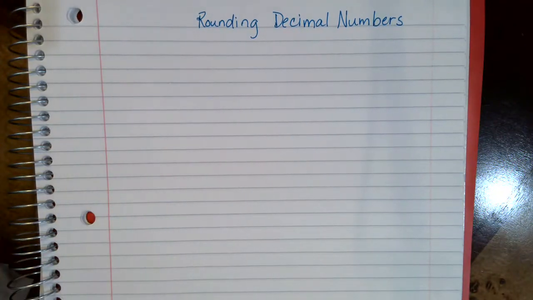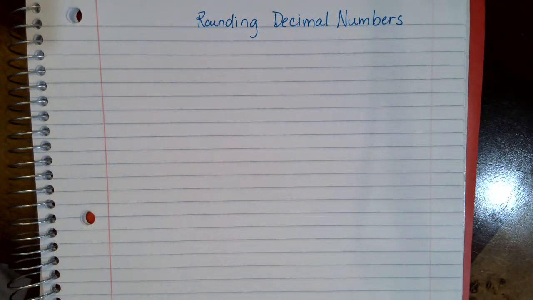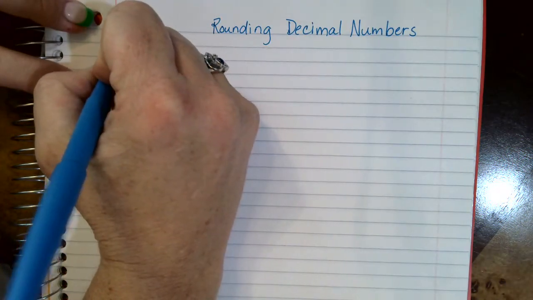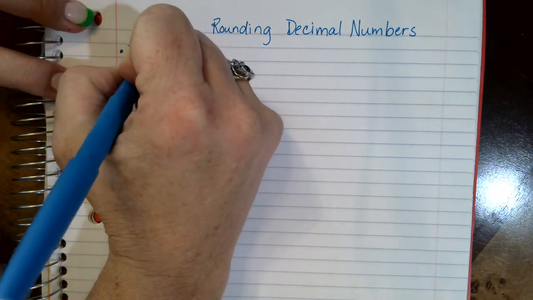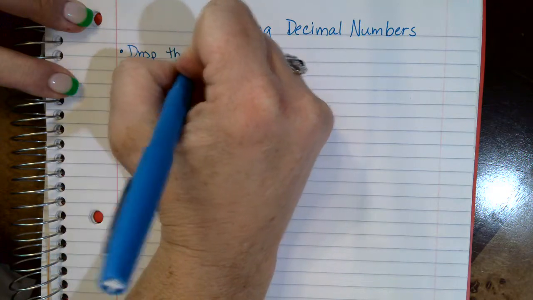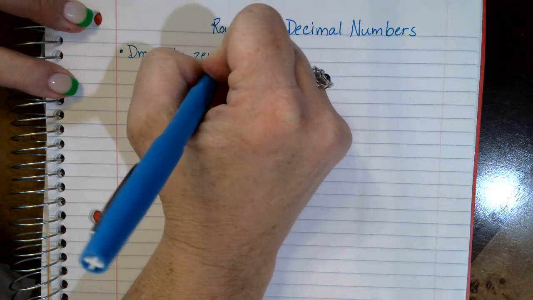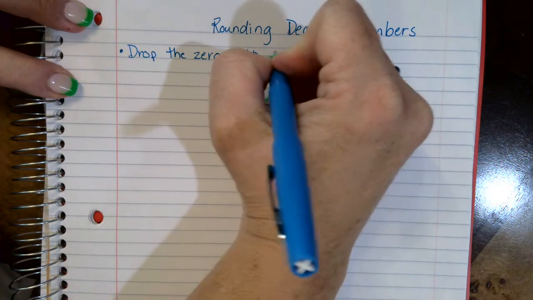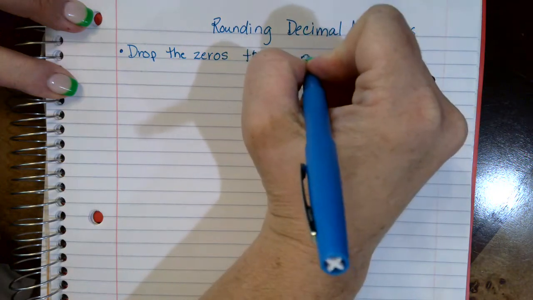Rounding decimal numbers. So the steps for rounding decimal numbers are the same as for whole numbers, with one important difference. Instead of replacing all the digits to the right of the rounding number with zeros, these digits can just be dropped. So the only difference is drop the digits to the right.